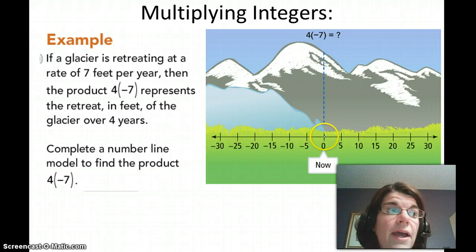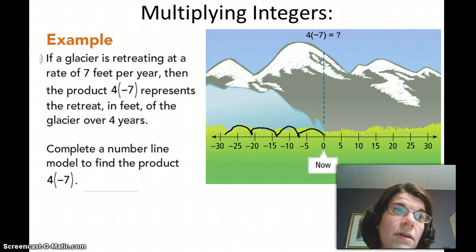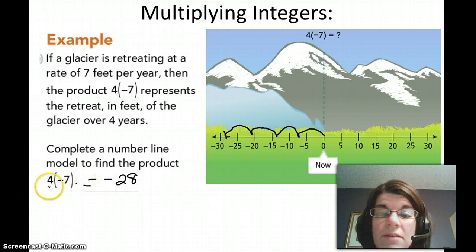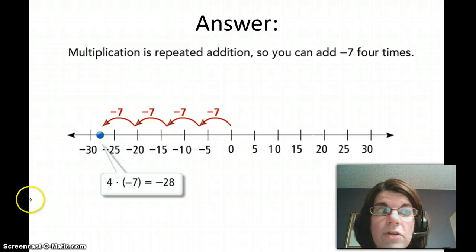So if I have 4 groups of negative 7, then the first group would be here, and then another negative 7 would give us negative 14, and another negative 7 would give us negative 21, and another negative 7 would give us negative 28. So 4 times negative 7 gives you negative 28. A positive times a negative will give you a negative result. So there's the drawing right there.